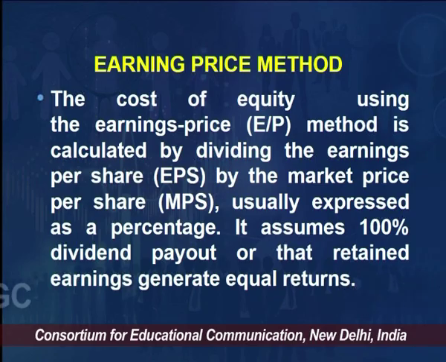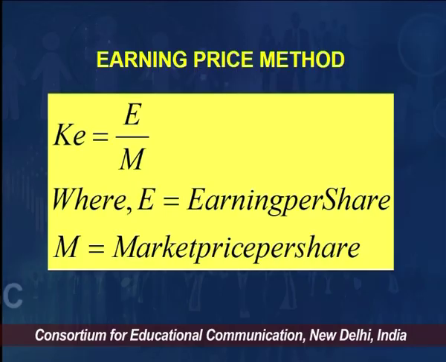It is usually expressed as a percentage. It assumes a 100% dividend payout ratio, and that means there is no retained earning. Okay. So, mathematically the cost of equity is E divided by M, where E is earning per share and M is market price per share. That is how we calculate cost of equity using the earning price method.